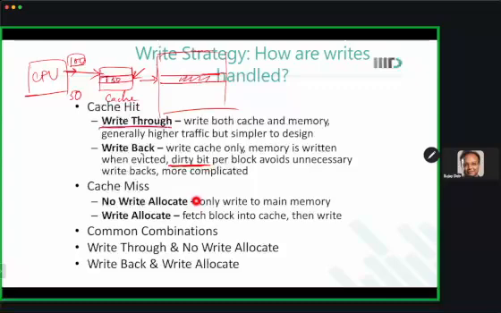Now, just to give you some insight, you have seen that your laptop has cache which has multiple levels, L1, L2, L3, and then it goes to main memory. Between these different levels, you might have different strategies implemented. Why so?